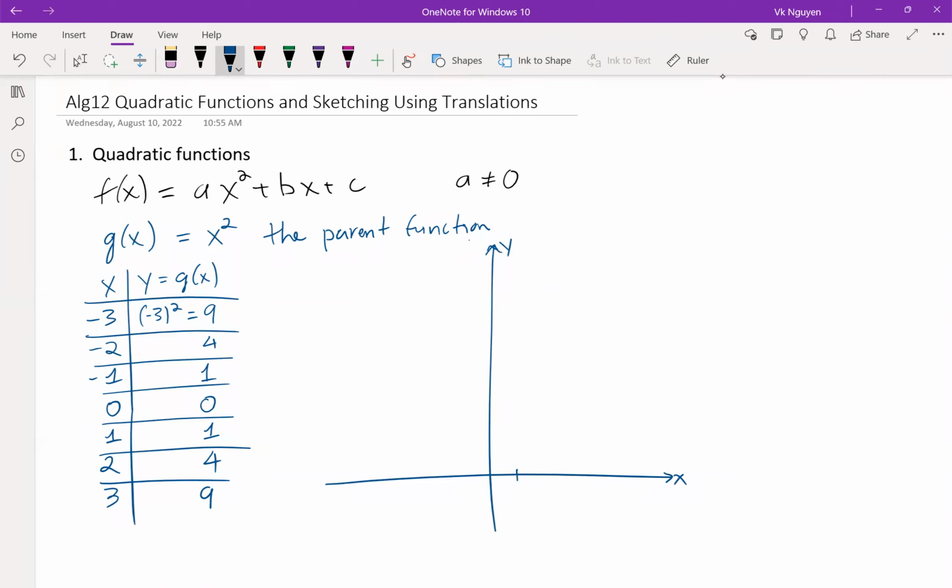Okay, 1, 2, 3. Negative 1, negative 2, negative 3. 1, 2, 3, 4, 5, 6, 7, 8, 9. Let's do it. First point is 0, 0.